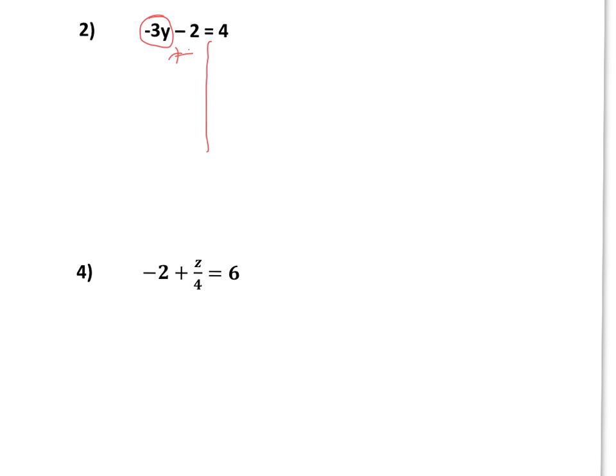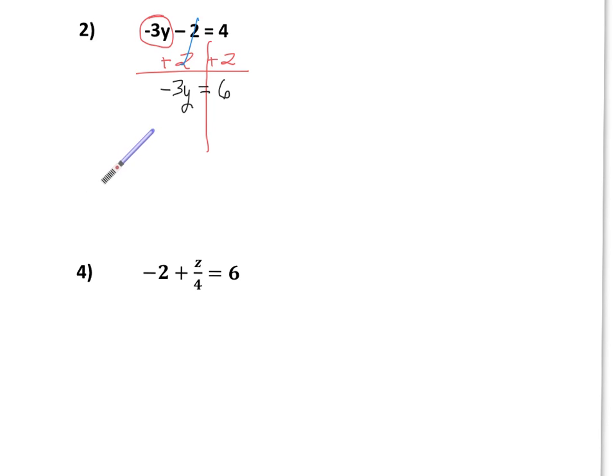So we are going to add 2 to both sides. Our 2's cancel. We're going to bring down the negative 3y. It's not just a 3y, it's a negative 3y. And then 4 plus 2 is 6.